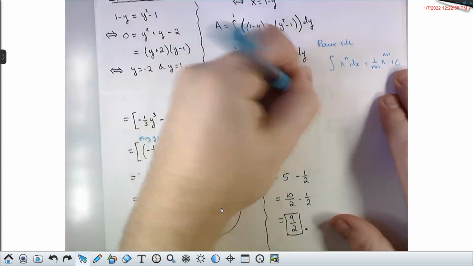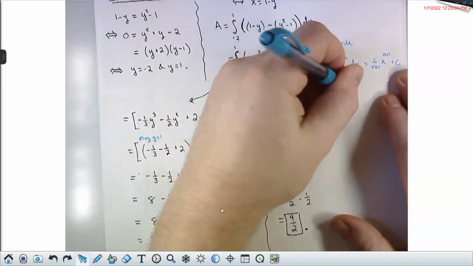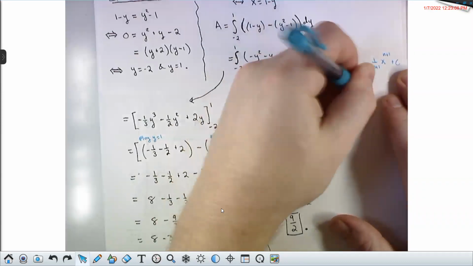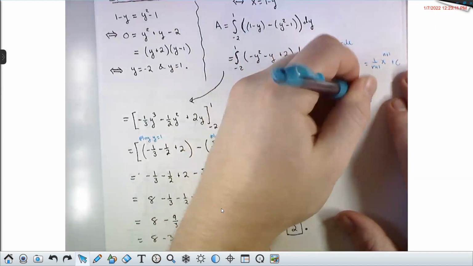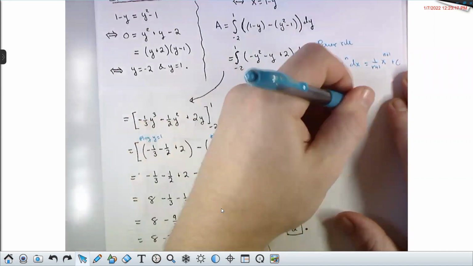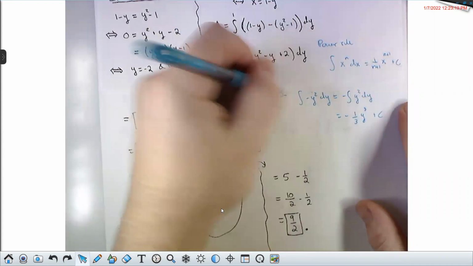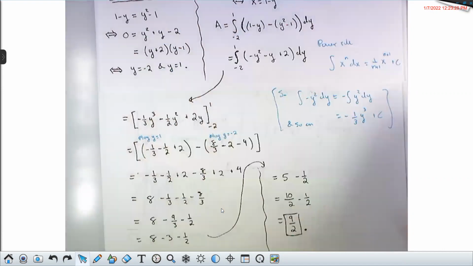So, for example, the integral of negative y squared dy, the negative pops out, and you have the integral of y squared dy, should be negative, and then n is 2 here, so n plus 1 is 3, so the 1 over n plus 1 is 1/3, like this, plus c, and so on. So yeah, each of those antiderivatives comes from the power rule. You add 1 to the power and divide by the new power. And then the constants, like these negatives, just come along for the ride.